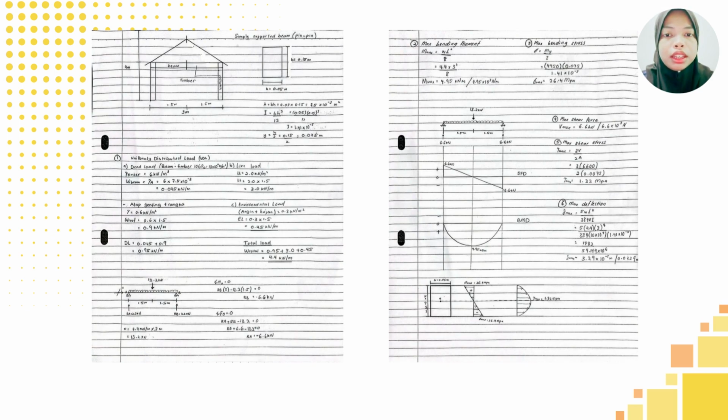Live load including the birds, the small animals and so on. And then environmental load 0.45 kilonewton per meter. Environmental load I calculate for rain and for wind. Then this resulted in a total UDL of 4.4 kilonewton per meter.